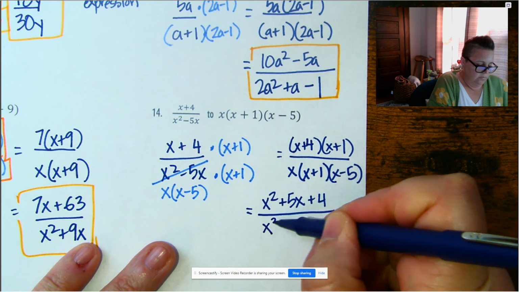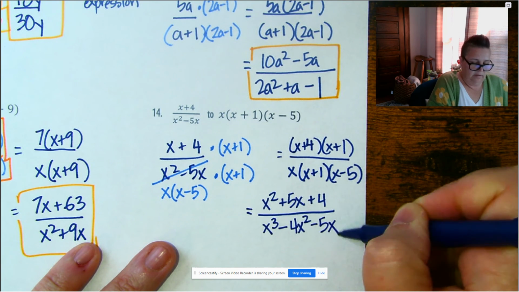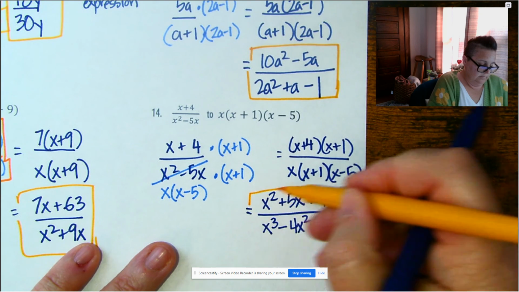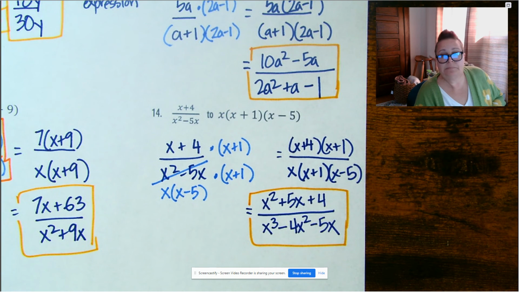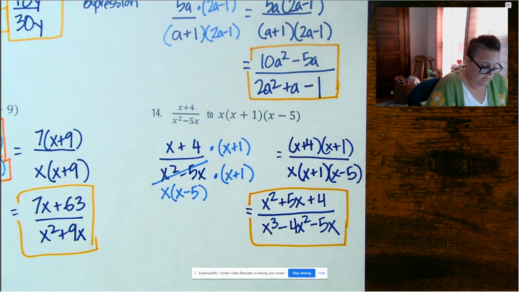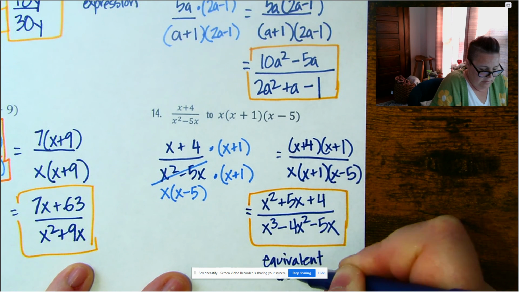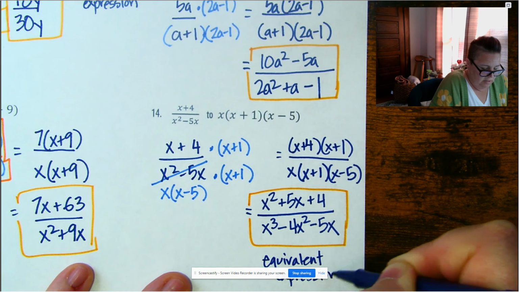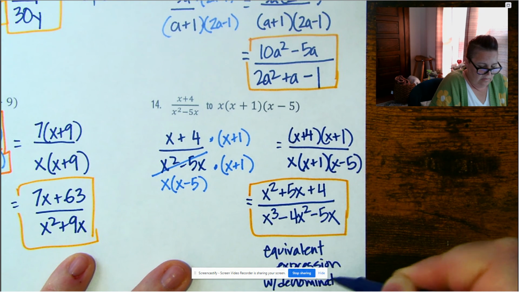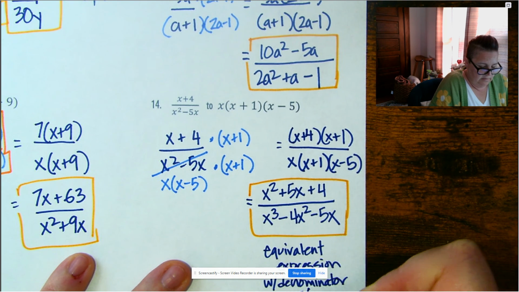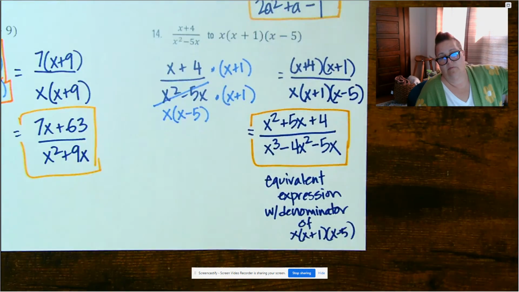So that would be x cubed minus 4x squared minus 5x. There we go. And I have managed to get the equivalent expression with a denominator of x plus 1, x minus 5. Oh, there we go.